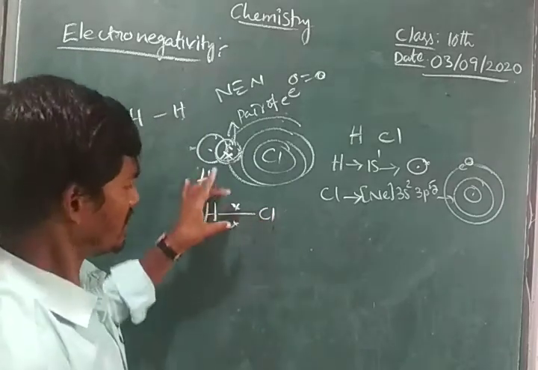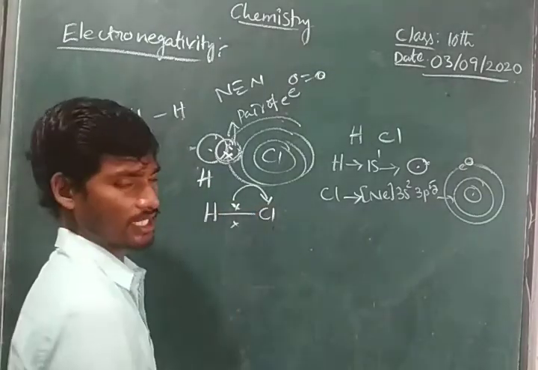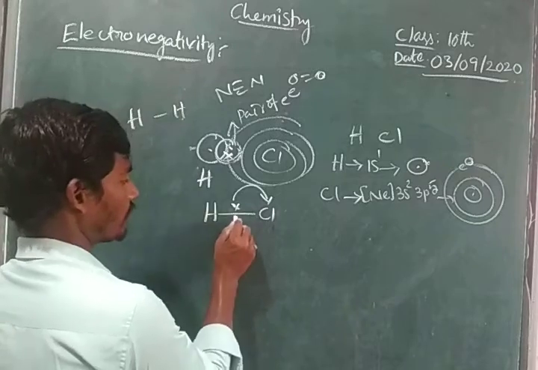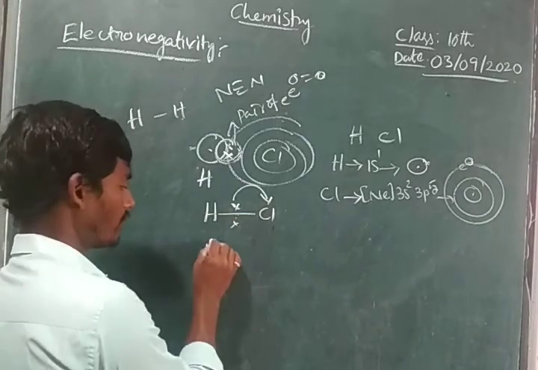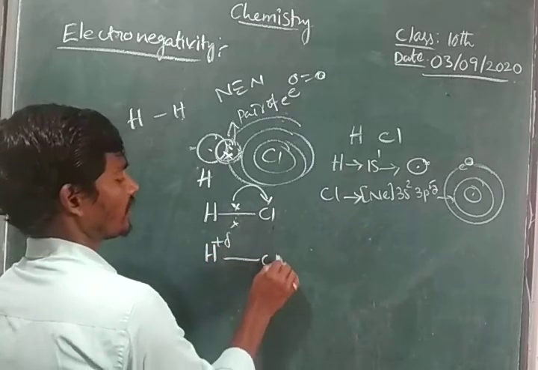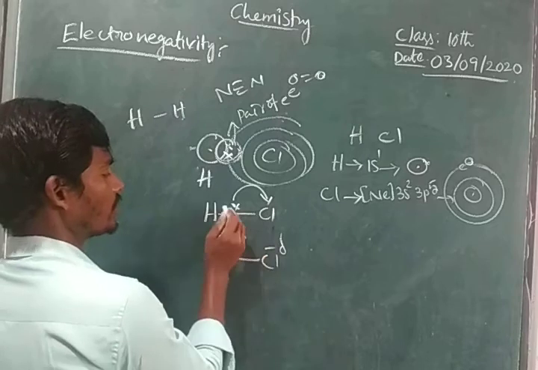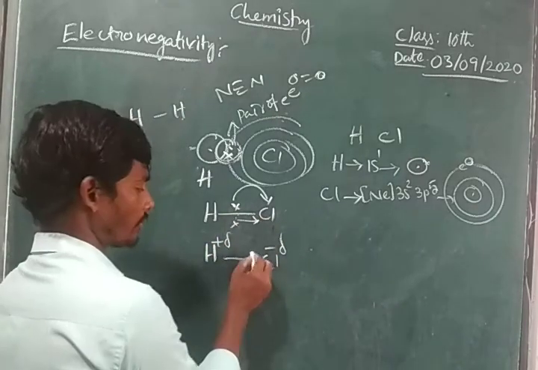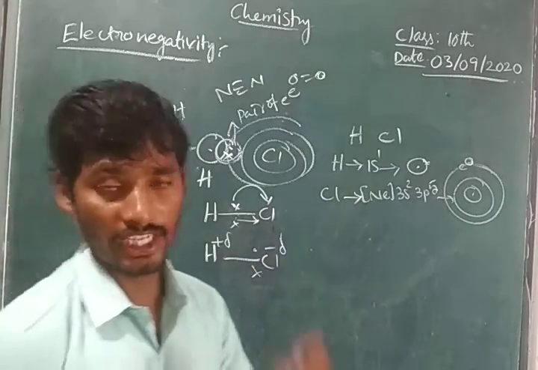That's why the pair of electrons is attracted towards the chlorine side. Then hydrogen gets a partial positive charge and chlorine gets a partial negative charge, because the pair of electrons is closer to the nucleus of chlorine.